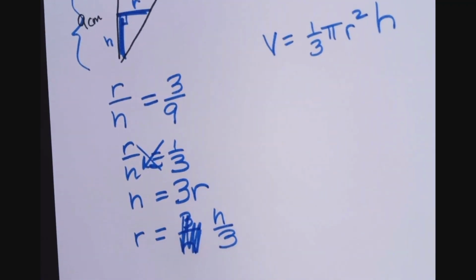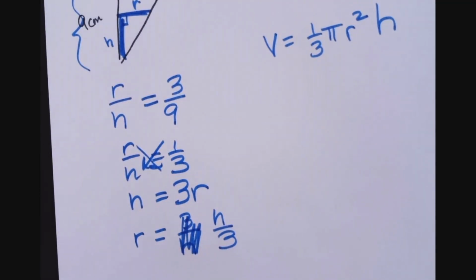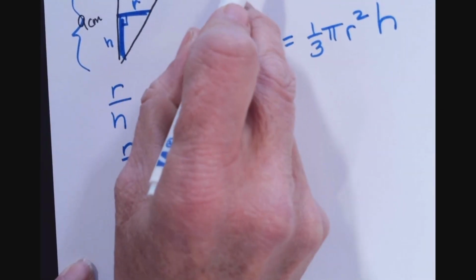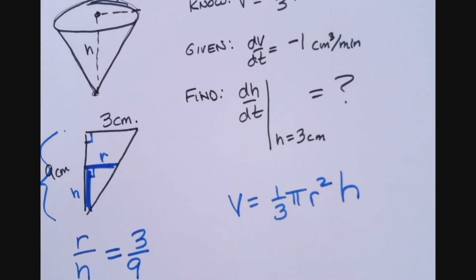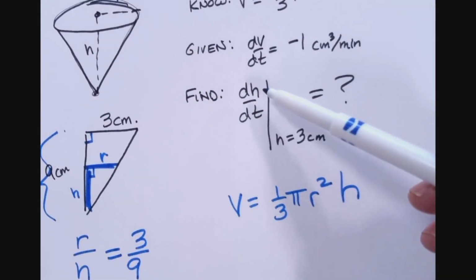Well, I want to look at the formula, because in this formula right now, we would have to do product rule, which we could do, but this would be so much easier if we didn't have to. And look at what we're given and what we're trying to find. We're given about the volume, and we're trying to find the height.